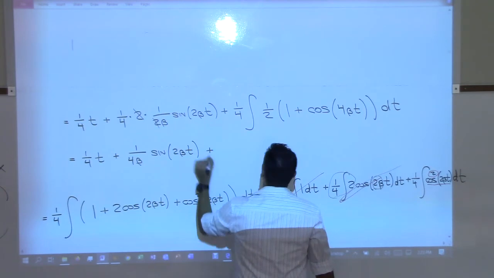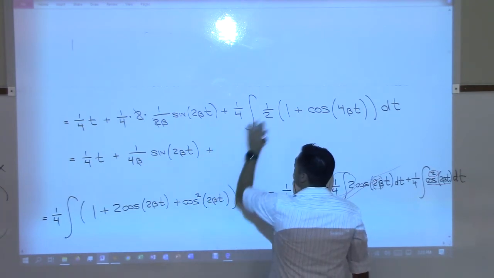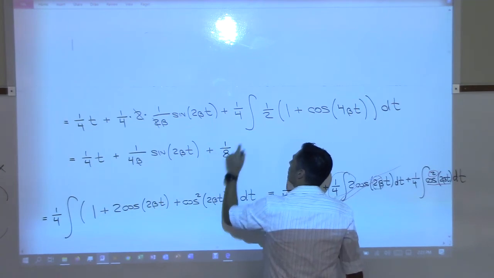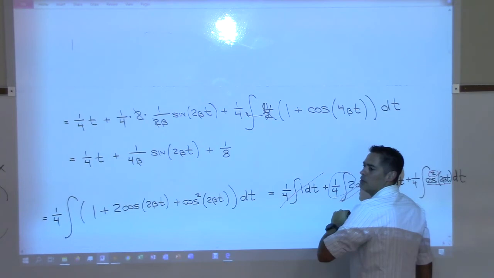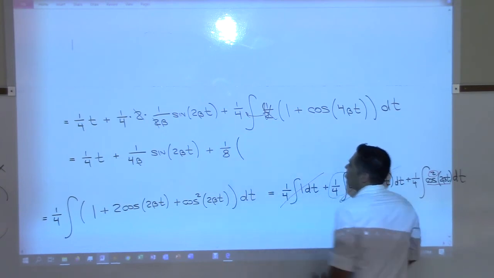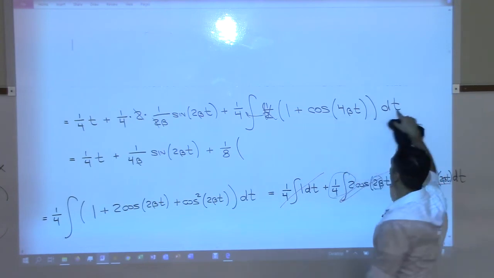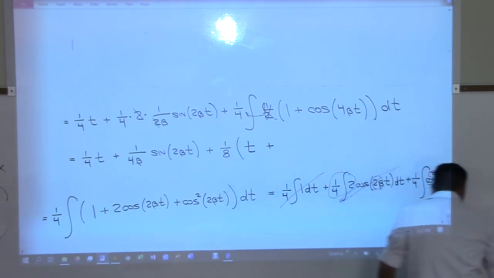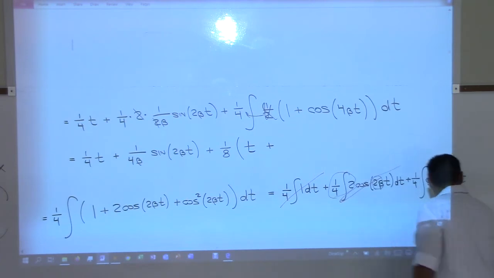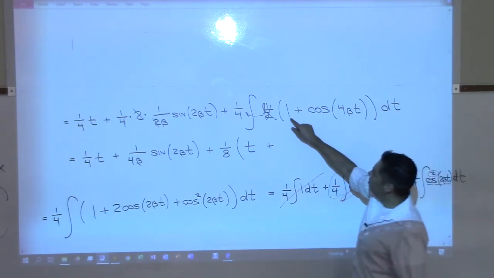And then plus, let's see here. Should I do the 1/4? Let me do 1/8. How about that? 1/8. That's me bringing that out here so we're not looking at that anymore. And then antiderivative of 1 would be t, because it's with respect to t. And then plus, and let's see here. Okay, Kim, since you kind of mentioned it last time, antiderivative of 1 is t.